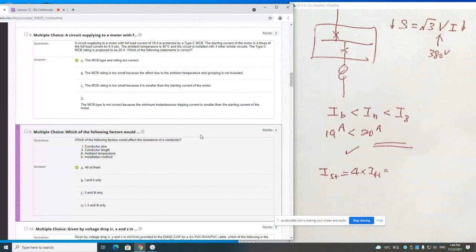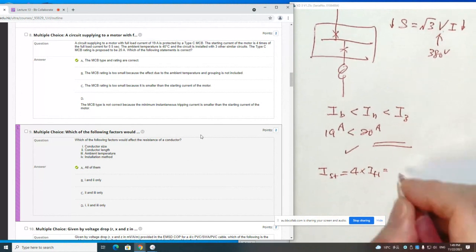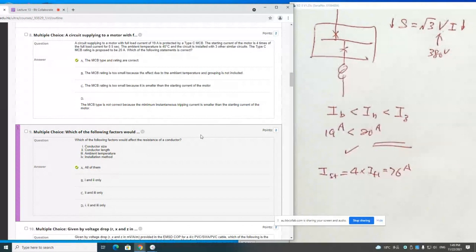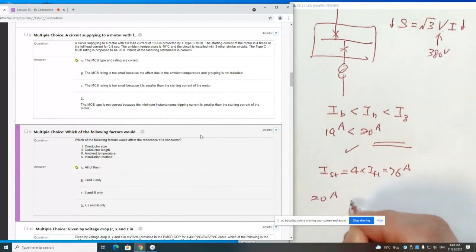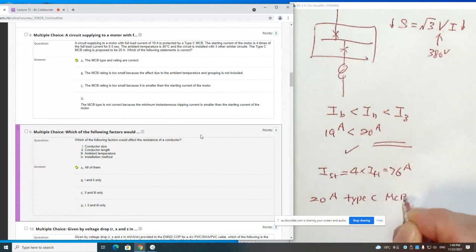Full load current is 19 amperes. So this is about 76 amperes, right? Okay. So well, we have 20 ampere Type C MCB, right?